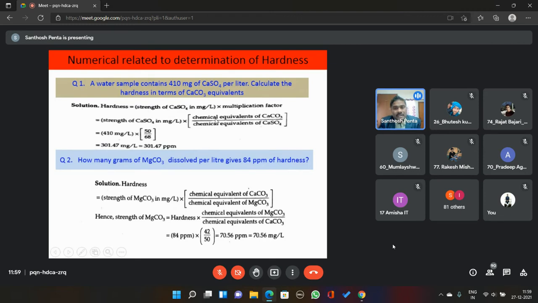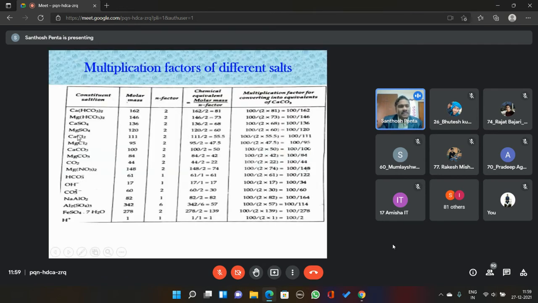It is the molecular weight of calcium carbonate by the molecular weight of calcium sulfate, or otherwise chemical equivalence of calcium carbonate by chemical equivalence of calcium sulfate. We may always be in doubt about the chemical equivalence, so to avoid that confusion, use the molecular weight of calcium carbonate by the molecular weight of calcium sulfate. What is the molecular weight of calcium sulfate? 136.